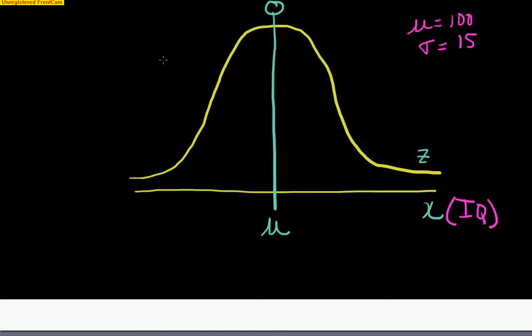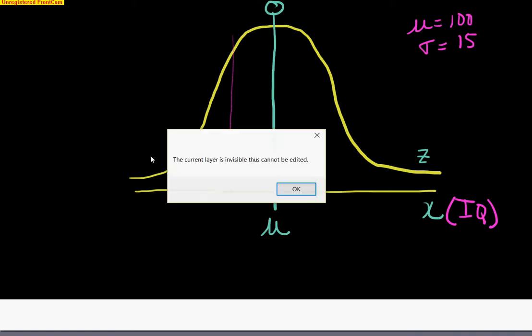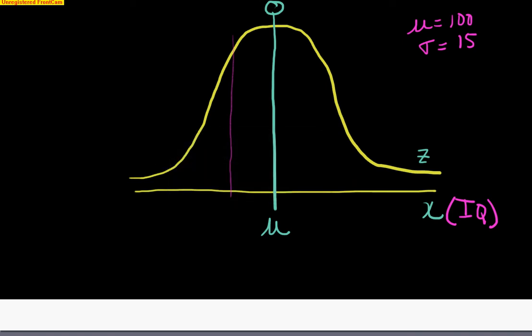All right, in this next slide, we're going to look at betweenness. So let's say we want to find the probability that somebody has an IQ, or what percentage of the population has an IQ between 93 and out here, 122.